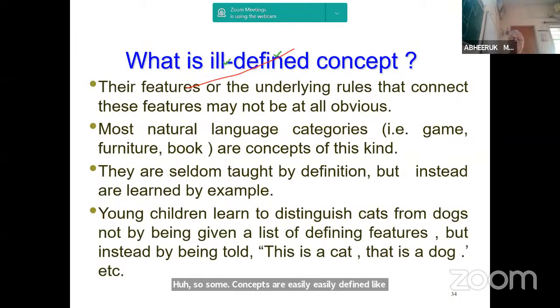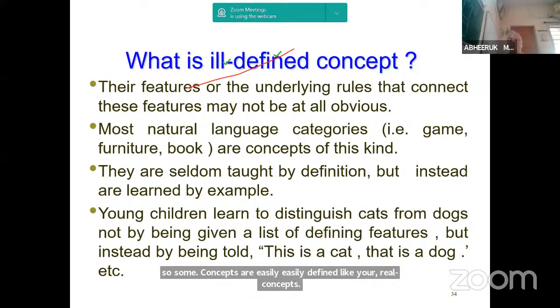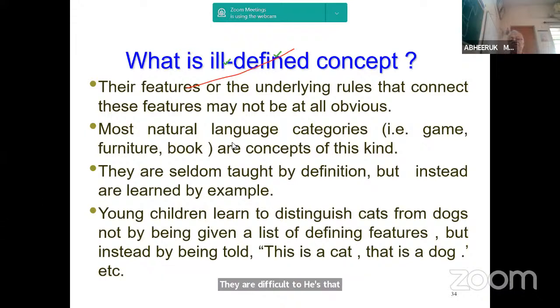Ill-defined concepts are difficult to teach that way. Most natural language categories, game, furniture, book. Can you tell how you will teach furniture? I will teach furniture to a student.